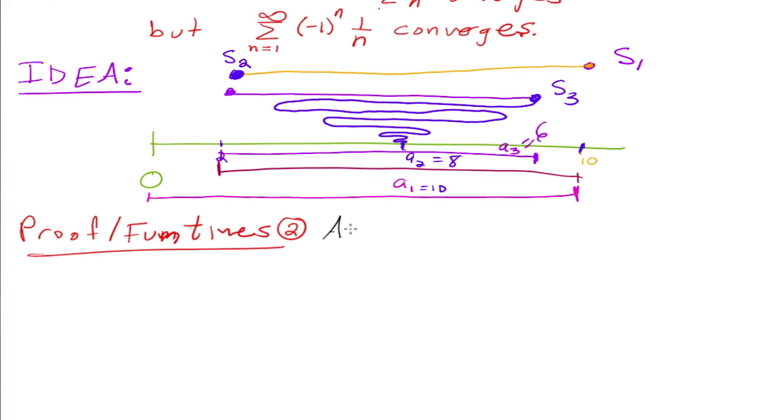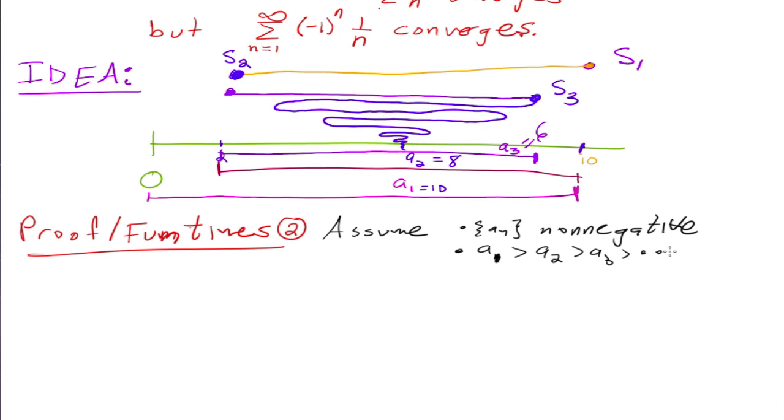What do we assume? We assume a sub n is non-negative, right? All the terms of the sequence are non-negative. We assume that a sub n is decreasing, right? So that means that a sub 1 is greater than a sub 2 is greater than a sub 3, and so on and so forth, right?